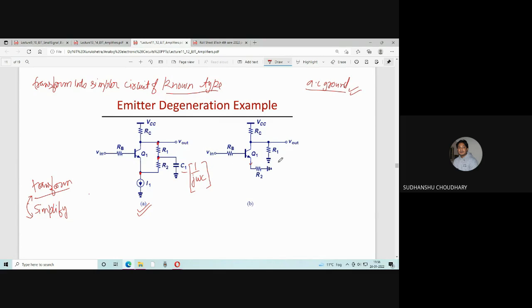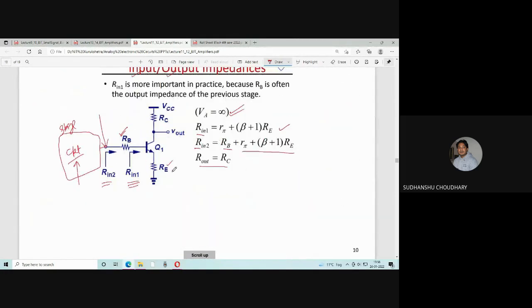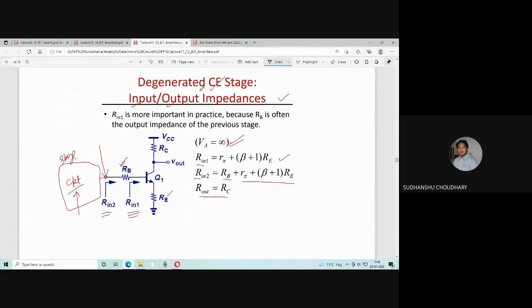Now this circuit seems to be of known type. If I remove this, then this circuit is exactly equal to the previous circuit, that is, the degenerated common emitter stage with base resistor.